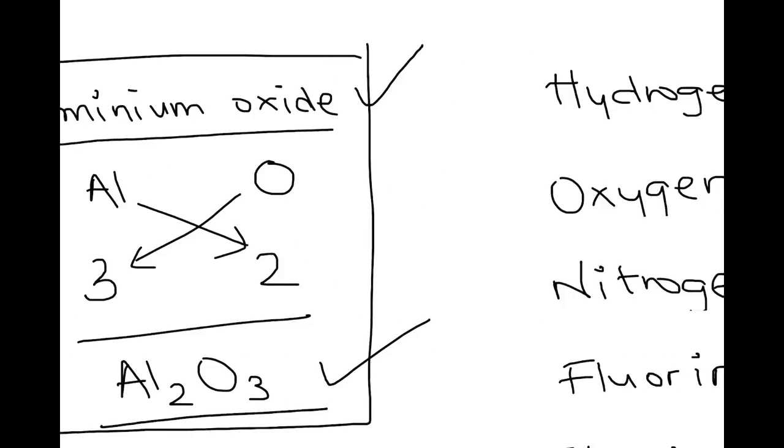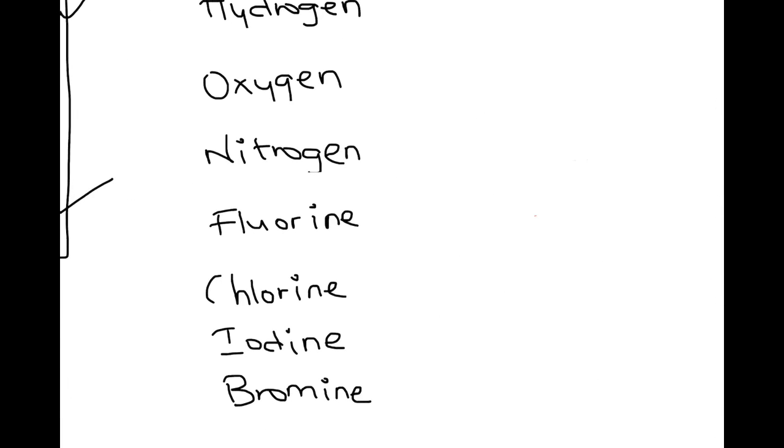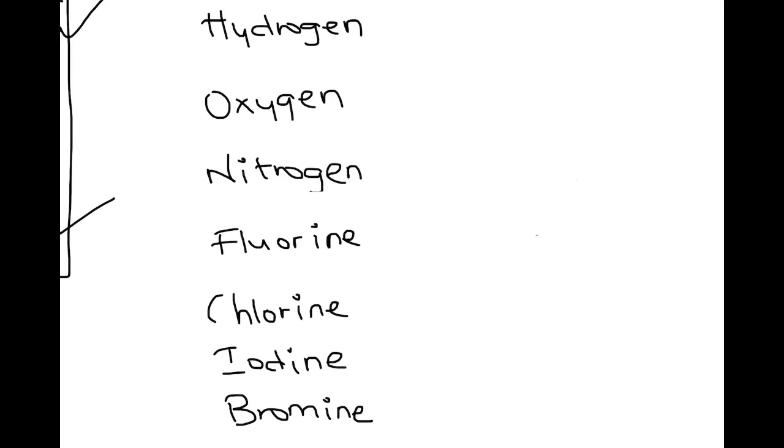Now, there are a couple of elements like these ones. So hydrogen, oxygen, nitrogen, fluorine, chlorine, iodine, and bromine. These elements, when they exist in nature, do not exist as atoms. They actually exist as molecules. So hydrogen, when it exists in nature, will exist as hydrogen molecule.